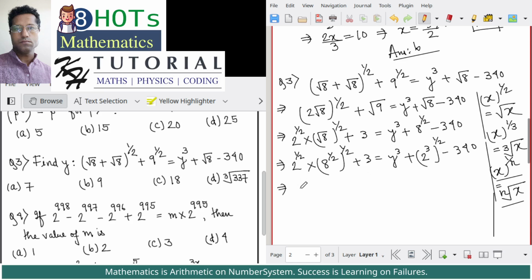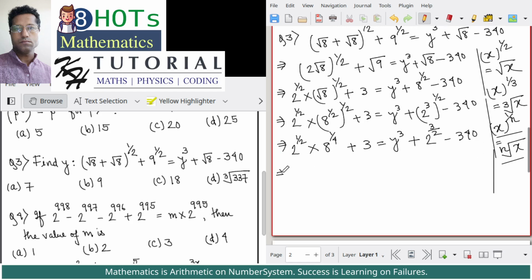This is equal to 2 to the power half multiplied by 8 to the power half, and that again raised to the power half is 8 to the power 1 by 4. We have plus 3 is equal to y cube plus 2 cube whole raised to the power half means 2 to the power 3 by 2 minus 340.